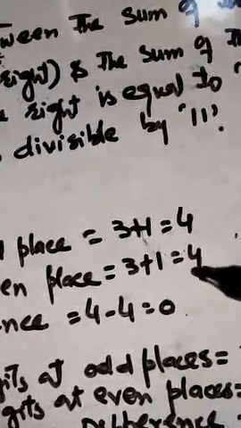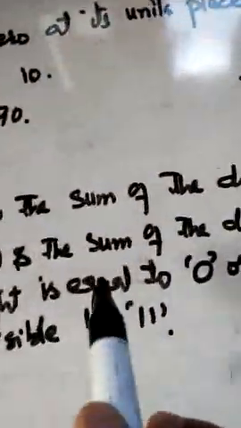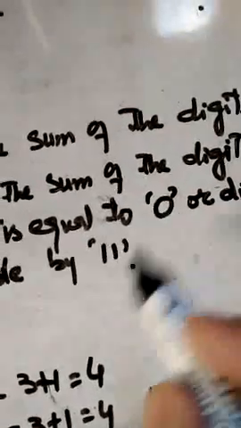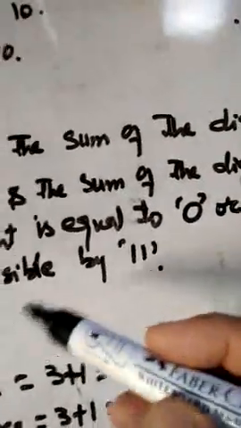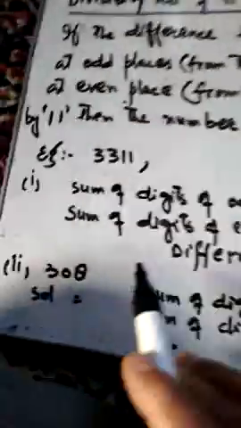The difference between this sum and this sum, 4 minus 4, is 0. We already have learned that when the difference becomes 0 or a number which is divisible by 11, the whole number is divisible by 11. So in this case the difference is 0, so this number is divisible by 11.